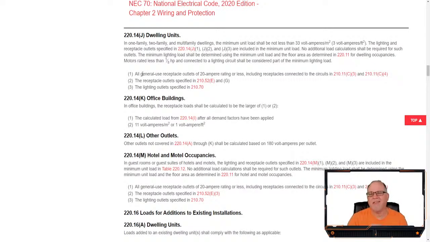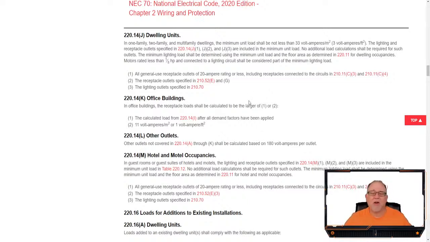It reminds you, in case anybody ever asks, what rule tells me that 3 VA covers not only the general lighting, but also general use receptacles, all right? Well, number 1 does that. It says, all general use receptacle outlets of 20 amperes rating or less, including receptacles connected to the circuits in 210.11(C)(3) and 210.11(C)(4), which is the bathrooms and the garages if you have them.